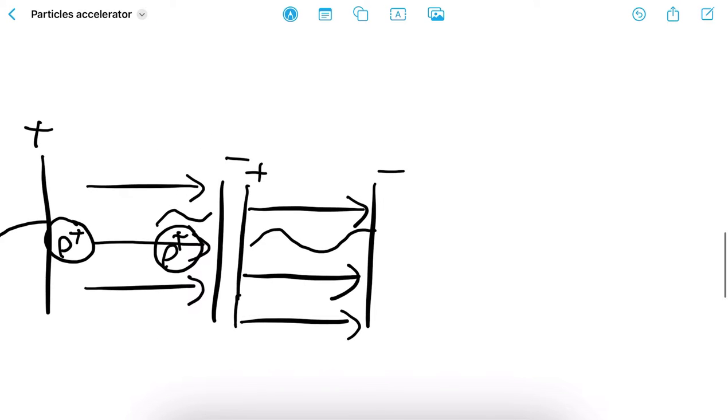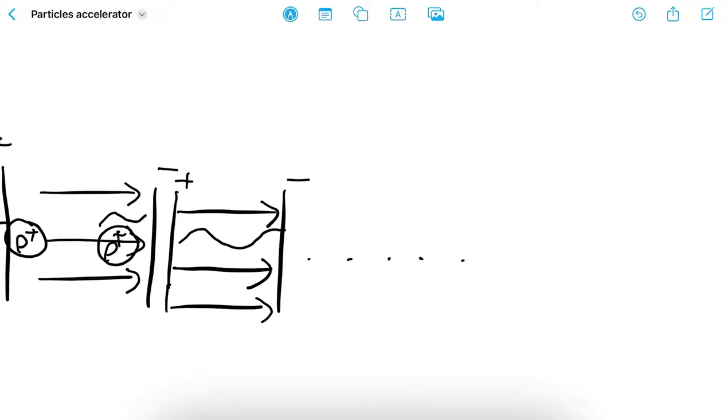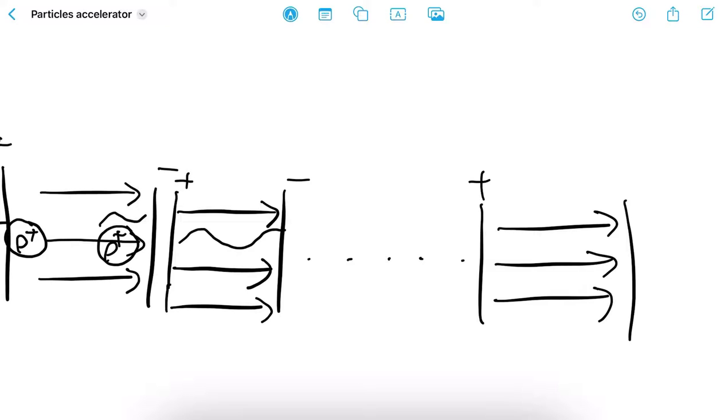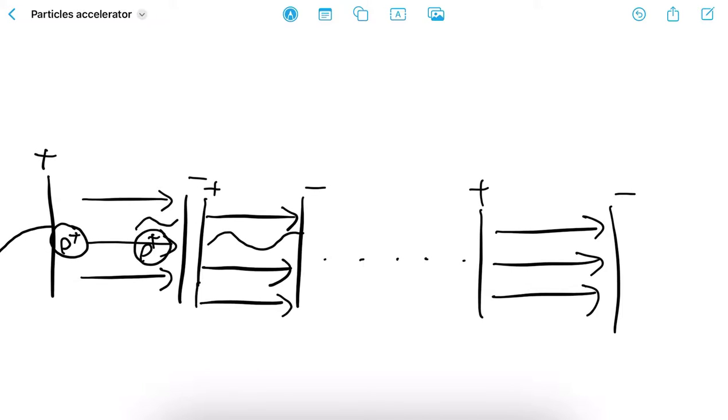And as we continue that electric field, it forms a chain of electric fields that can accelerate the stream of protons to extremely high speeds.